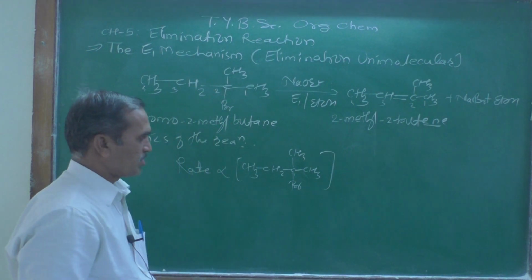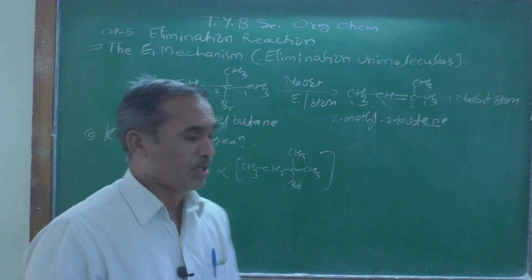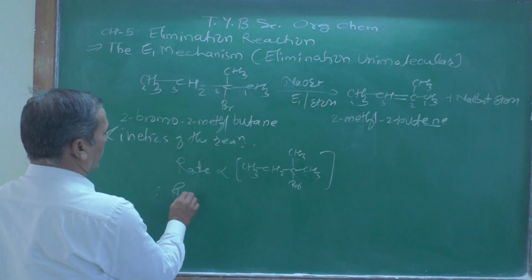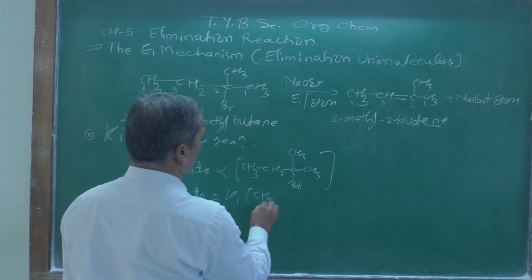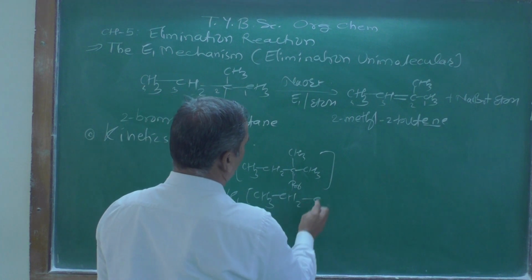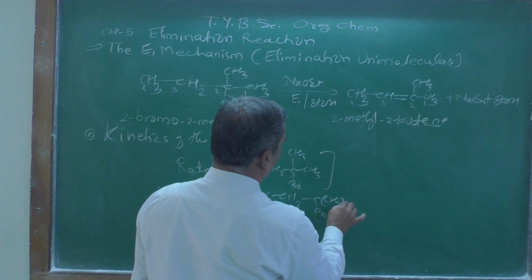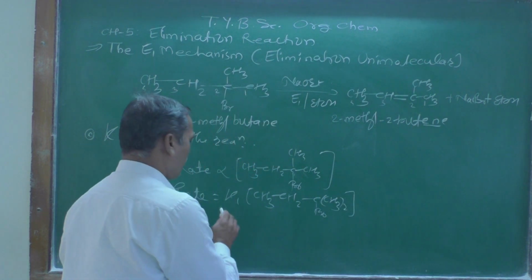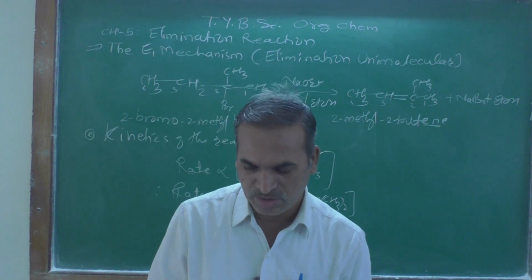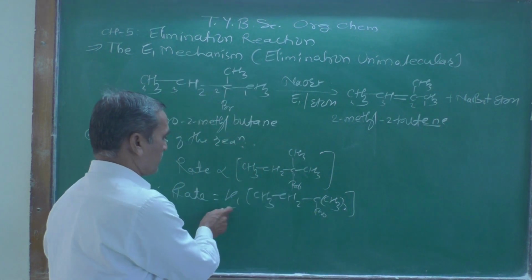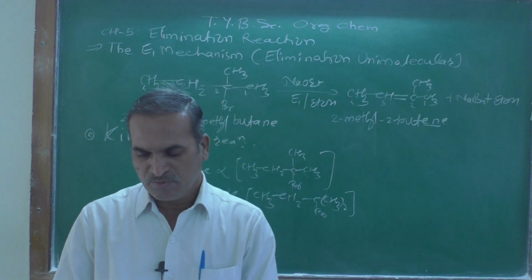So the rate is directly proportional to that substrate only, and therefore rate is equal to K1 into the concentration of this substrate, (CH3)3C-Br, where K1 is called the first order rate constant. So that is the meaning of that K1. Rate of reaction depends only on the concentration of the first one.